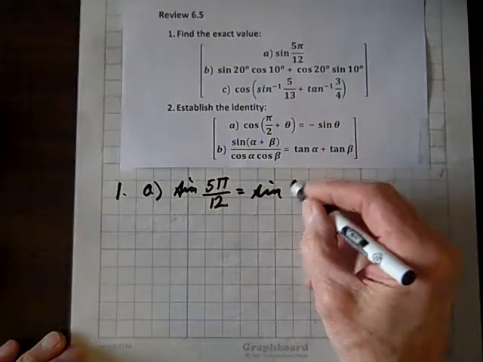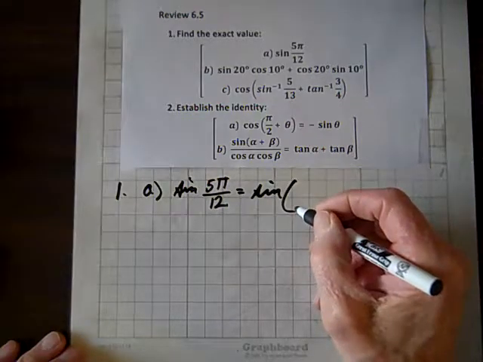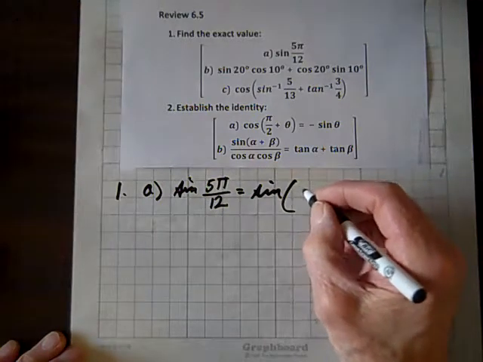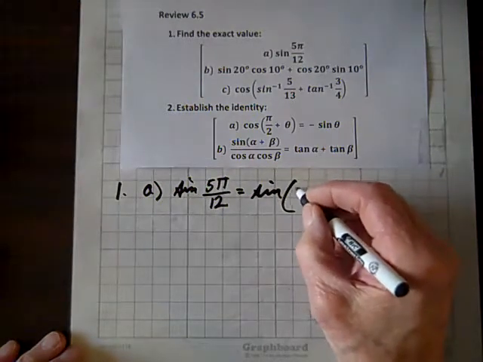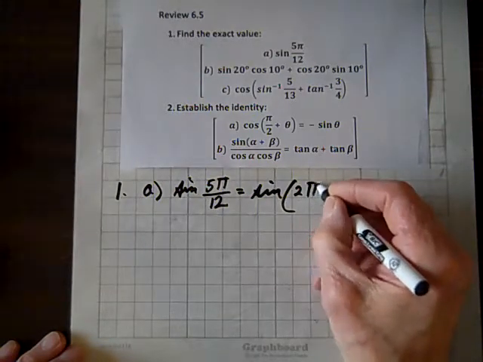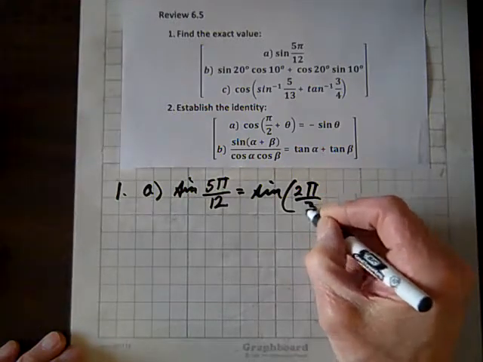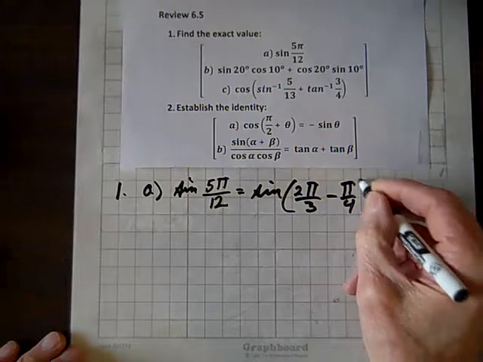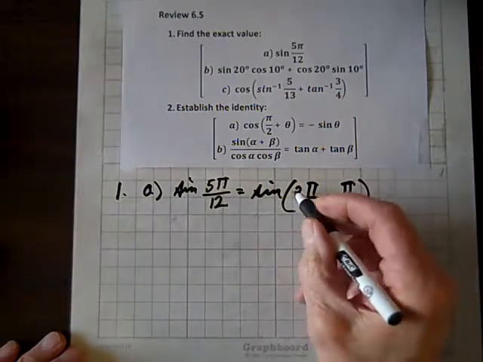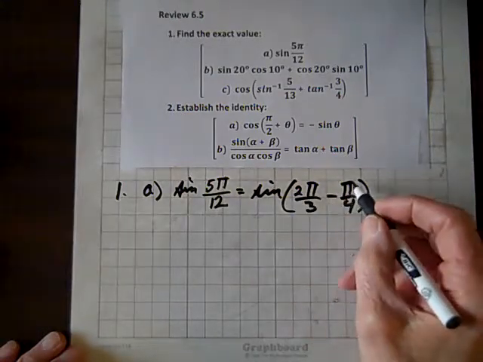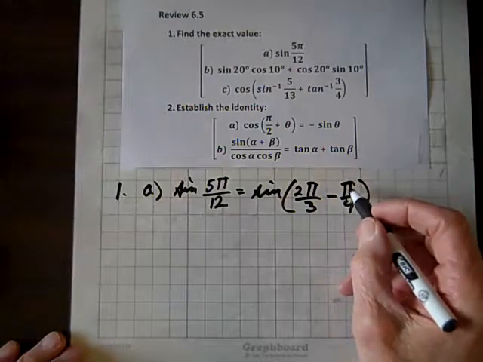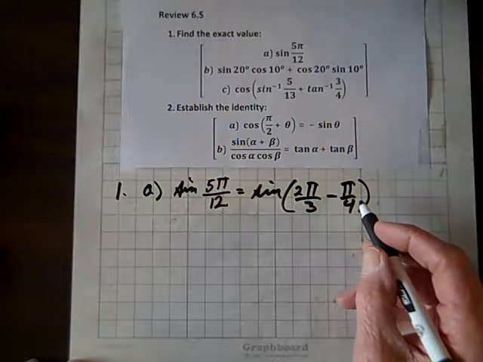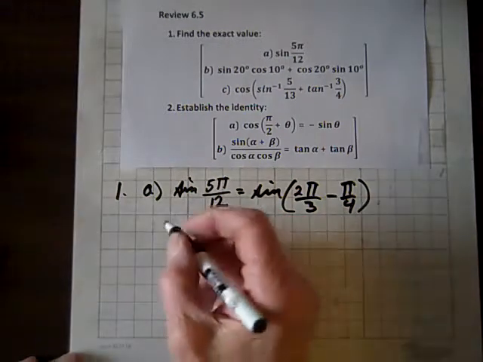And so that's going to be the sine of, let's see, how about 2 pi over 3 minus pi over 4. When we add those up, we're going to get 8 pi minus 3 pi will be 5 pi. That works. You add those up, make sure you get 5 pi over 12.